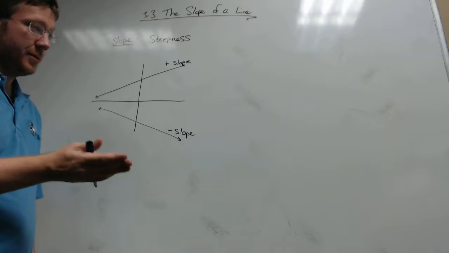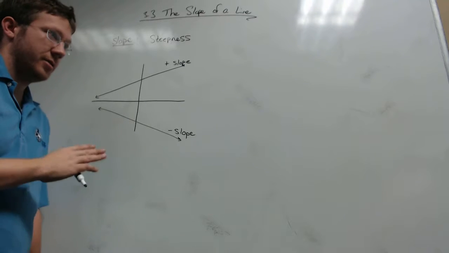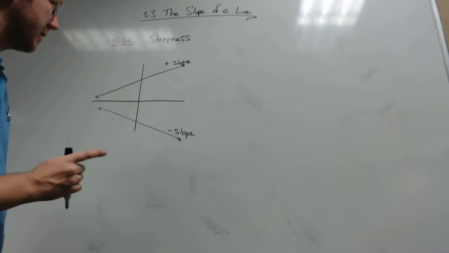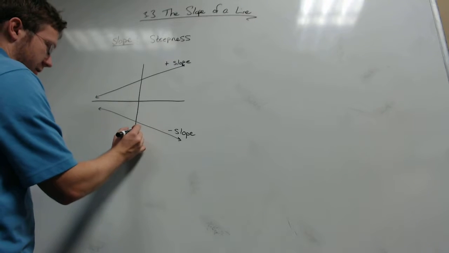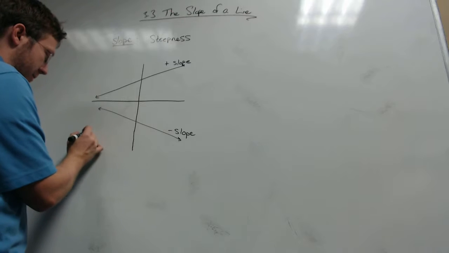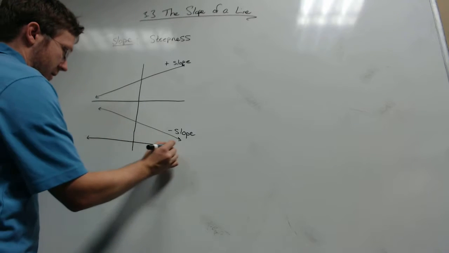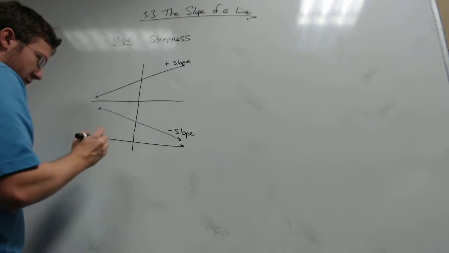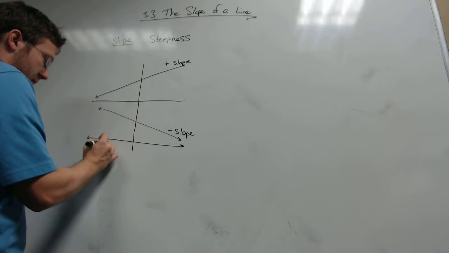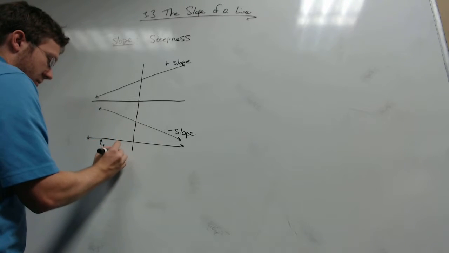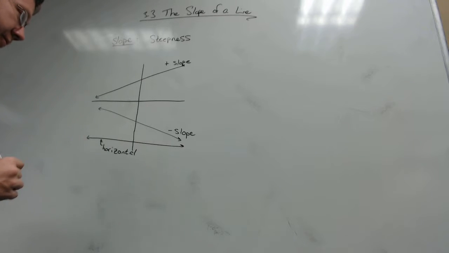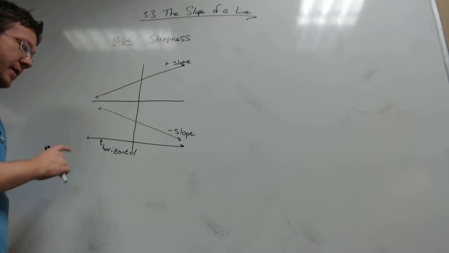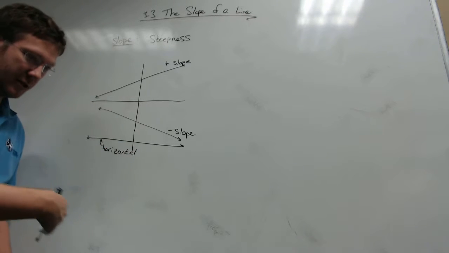But as we just saw, there are those special lines, and those special lines have 2 special slopes. If we have a horizontal line, not the most horizontal, but you get the point, think of this as just flat ground.